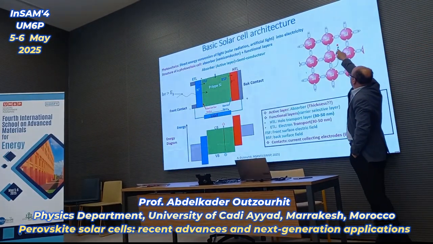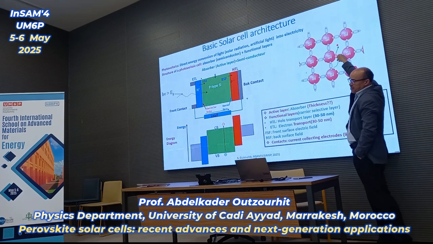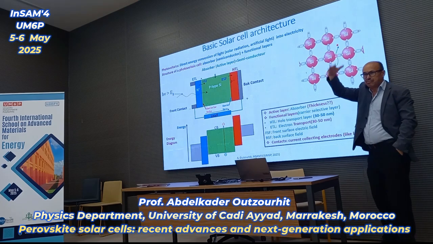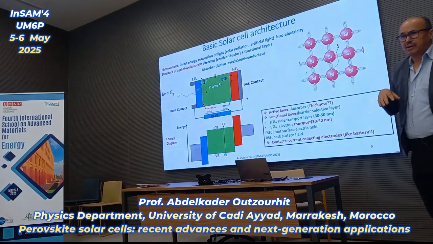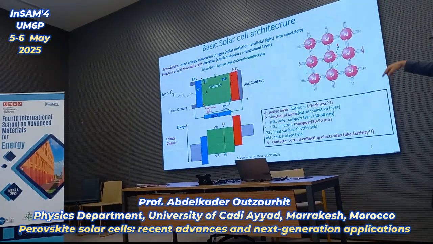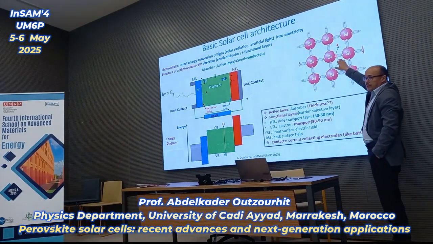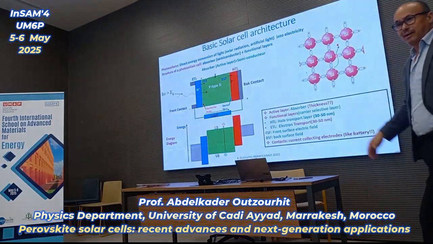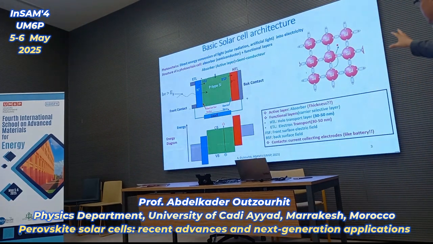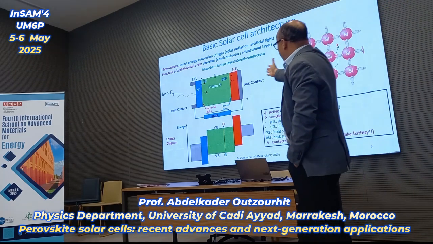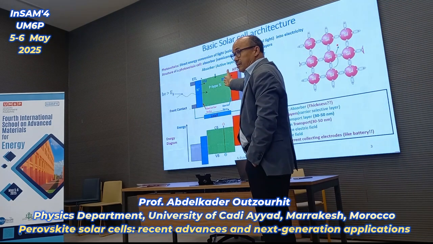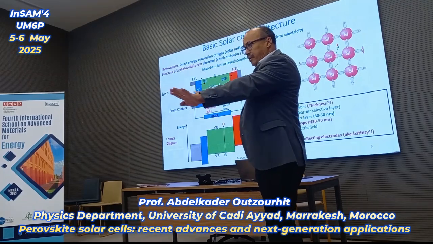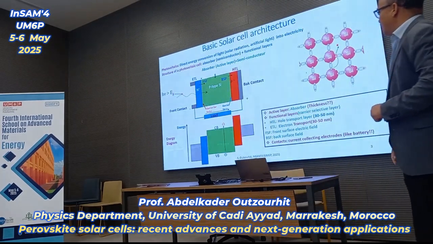Once you create the electron, it leaves behind a hole, which is a positive charge, and this electron is free to wander around, and the hole is also free to move along in the semiconductor. But the problem is, you have a lot of space there. They have to travel a long distance to arrive at the interfaces, so that they can be separated and collected.